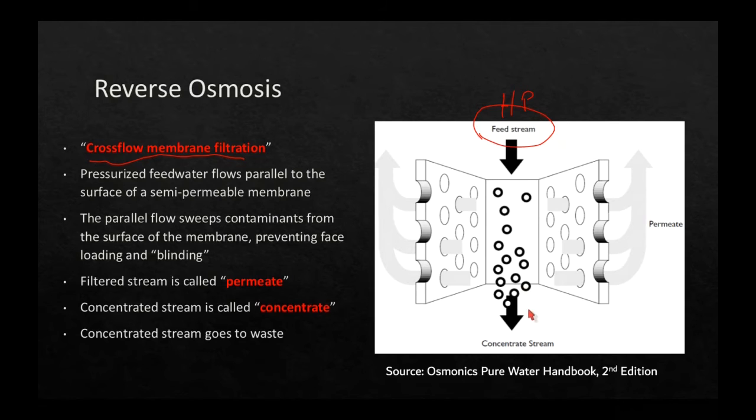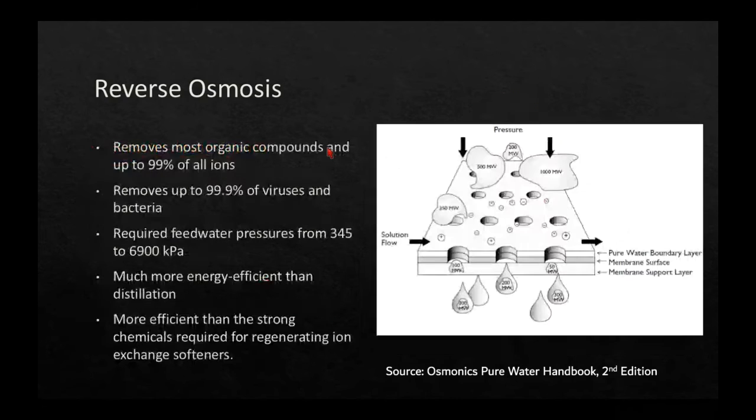We are having the flow parallel, I guess, to the membrane faces. And so this allows us to, let's say that some of these particles end up plugging off the membrane. This flow tends to sweep away those particles so it doesn't plug the membrane. So that is a cross-flow reverse osmosis membrane.